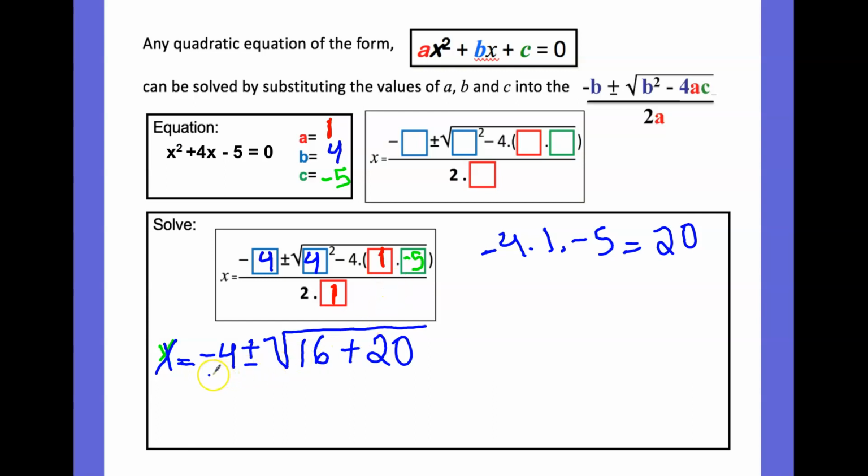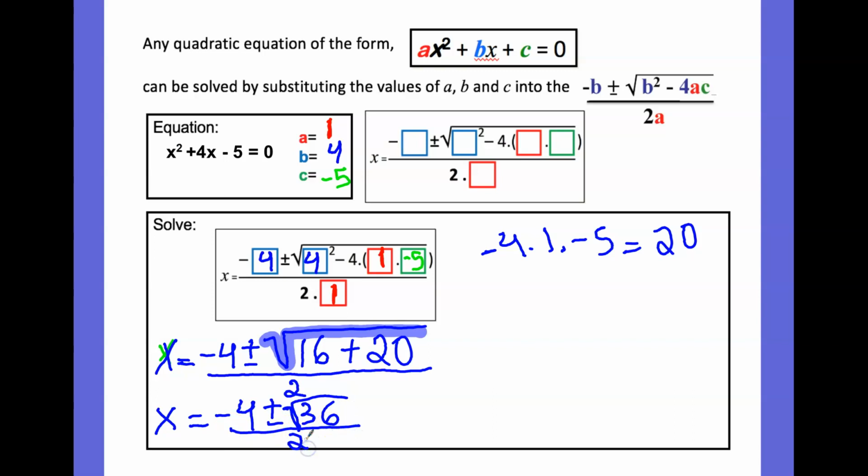Now I don't forget to put everything that is going to be divided by 2 times a, and 2 times a is 2. So my next step is to solve whatever is inside the square root. So now I have x equals negative 4 plus minus the square root of 16 plus 20, which is 36, divided by 2.